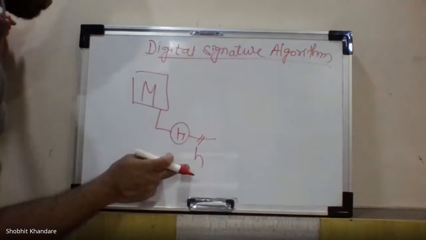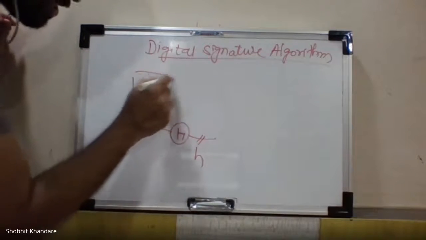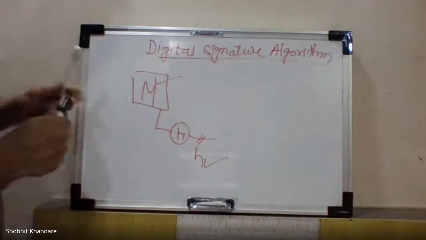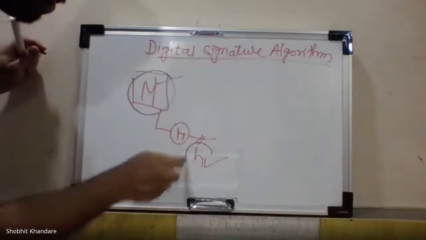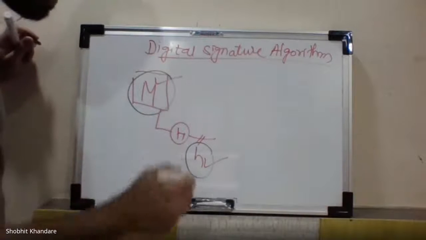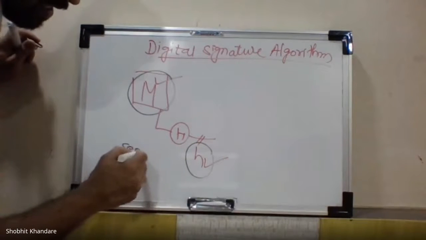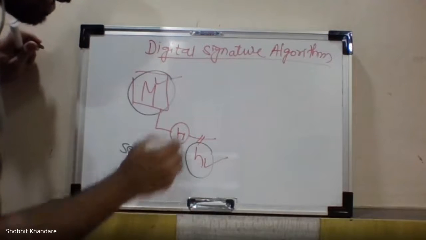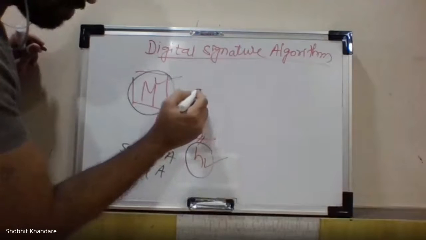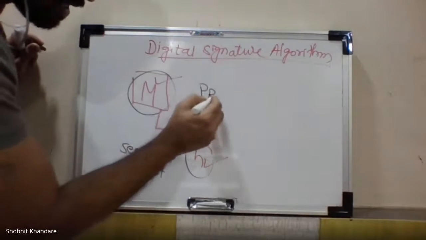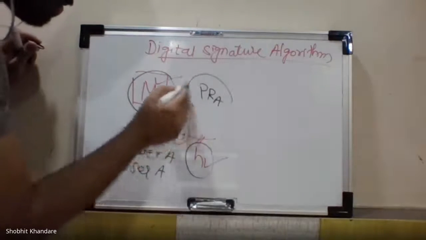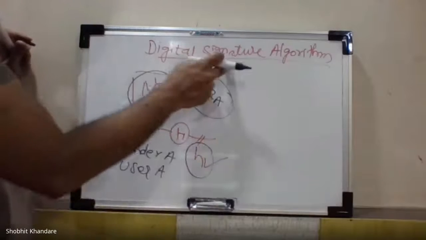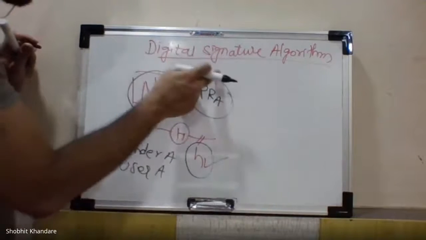If we are doing the encryption over this message or over this hash code by using the private key, as for sender or user A, I should use the private key, which is given by PRA, then the process will involve a digital signature.